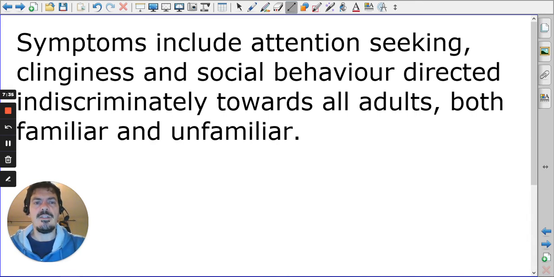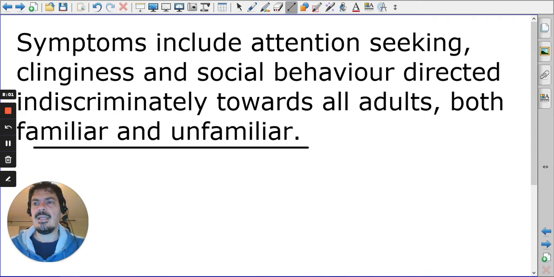So you're attention seeking, you're clingy, you have social behavior that works indiscriminately towards adults that are both familiar and unfamiliar. Now, if you're looking at Schaffer's stages of development, we would expect a baby to show some kind of discrimination at some particular point and effectively choose their attachment figure over anyone else. But of course, they're not doing this. That's familiar and unfamiliar.